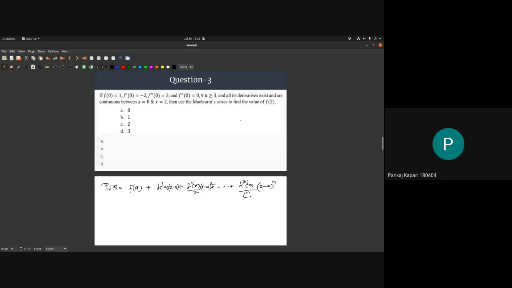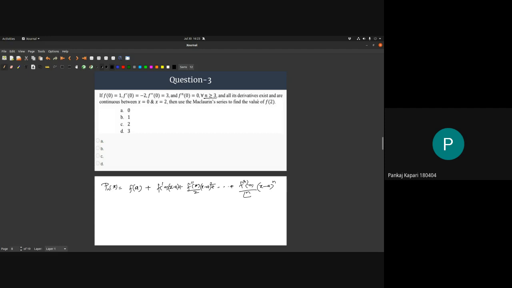And in this problem, question 3, what they are asking. They are saying that there is a function which takes value 1 at 0. Its first derivative takes value minus 2 at 0. Its second derivative takes value 3 at 0. And its nth derivatives take value 0 at 0 for every n greater than or equal to 3.